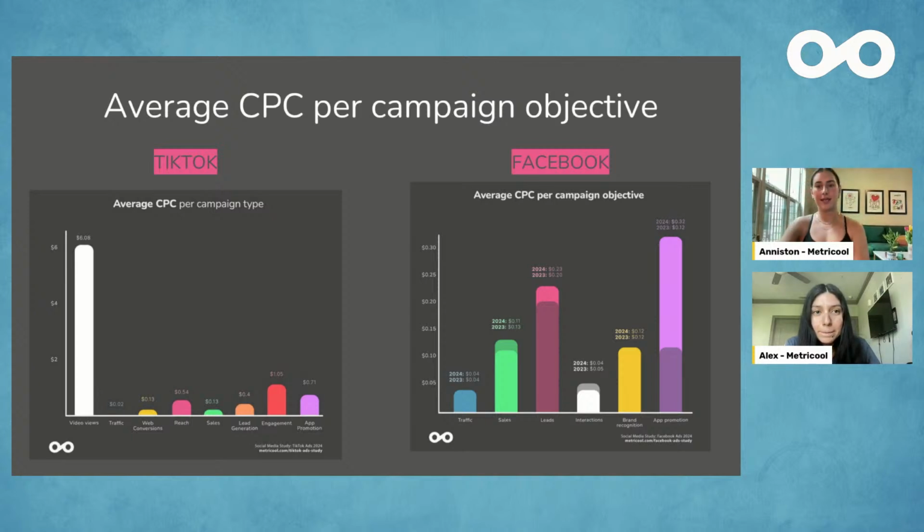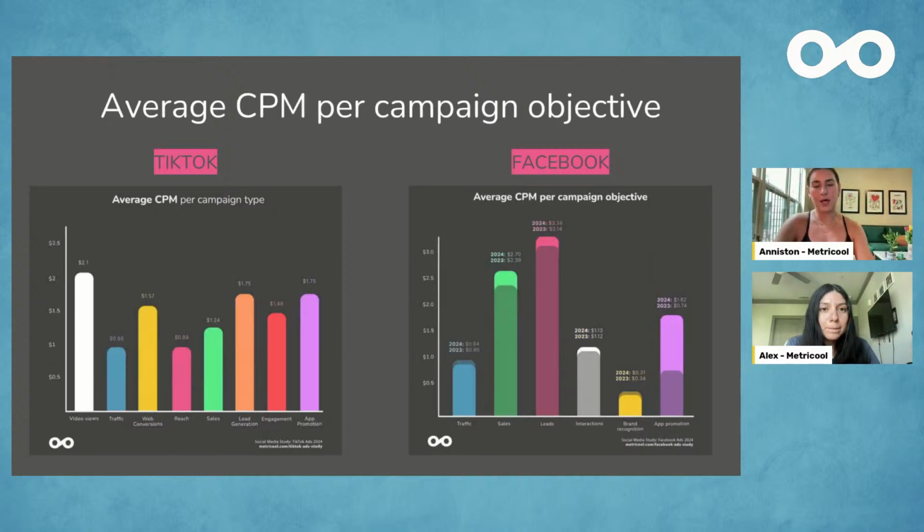Okay, and then next CPM. We already saw the TikTok one, but here is the Facebook average CPM. Once again, they're pretty similar. They're more similar on this platform, on this objective, I would say.